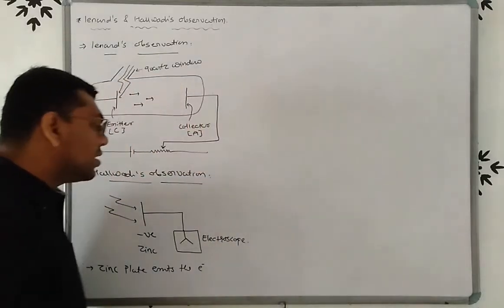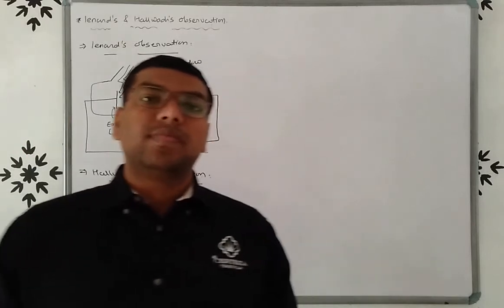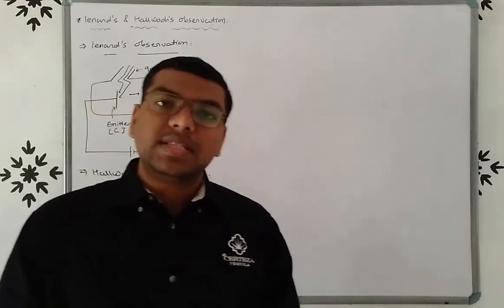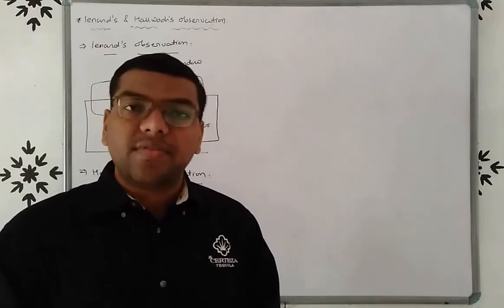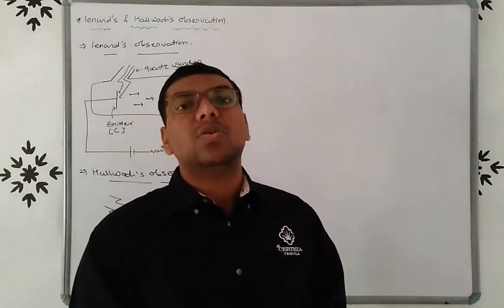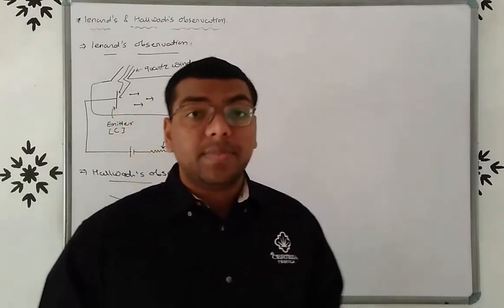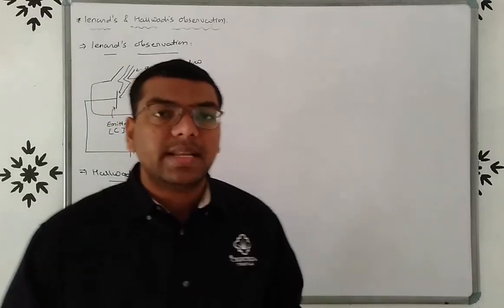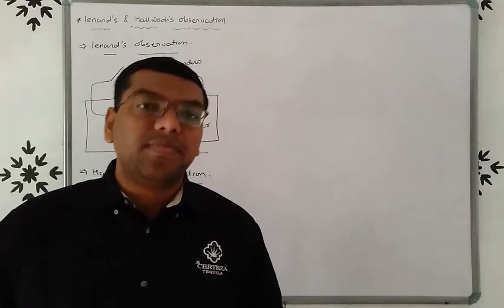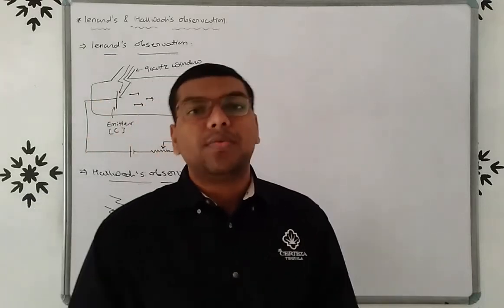And another conclusion is, when the frequency of this radiation is less than the minimum frequency, then there is no flow of current. You observe that. Once again I repeat, if the frequency of radiation is less than the minimum frequency, then there is no flow of current.